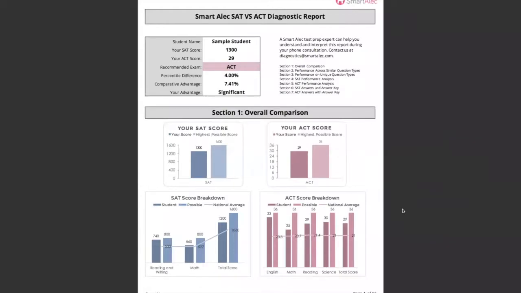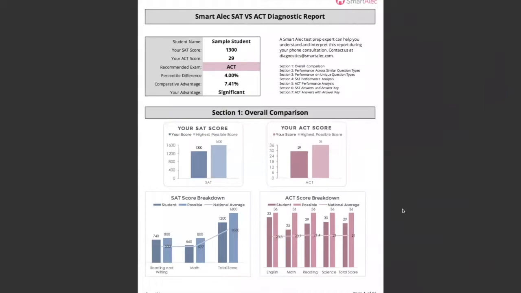And so you can see on the screen in front of you that we have our Smart Alec Diagnostic report. This is something that I designed, and my name, by the way, is Nathan Kane, and I'm the CEO here at Smart Alec. If you didn't already know that from our first meeting where we kicked off this series.